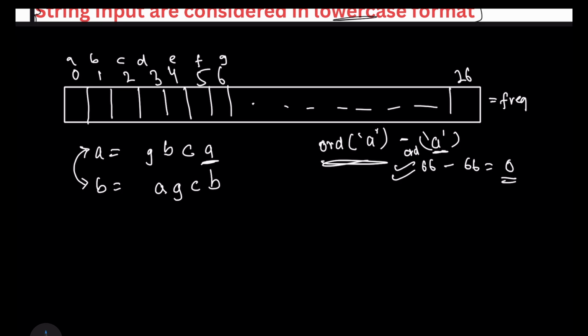If you iterate on both string 1 and string 2, we will maintain a single array. When I start iterating on my S1, I will see G first.